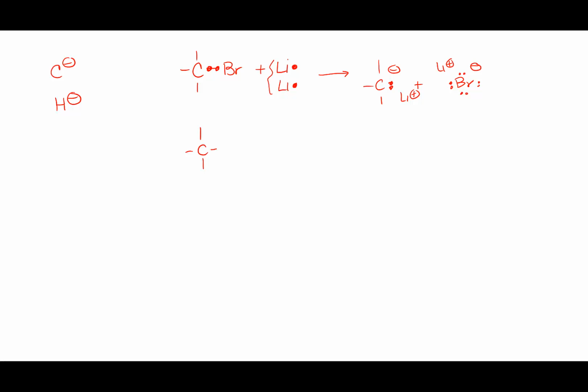With the magnesium, however, I only need 1 magnesium because magnesium has 2 electrons that it can donate. If I split the C-Br bond, I'm going to make my C with the lone pair, and my magnesium is still going to be bonded to the bromine, which is still going to be Br minus, but now the magnesium is 2 plus, so the net result is this whole ion is a +1.